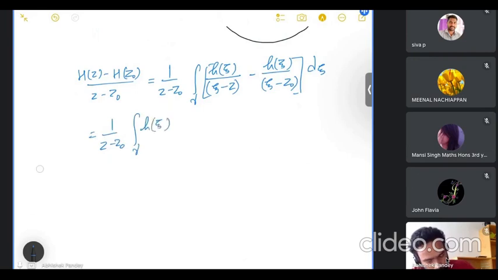You can take h of xi common out, so 1 upon xi minus z minus 1 upon xi minus z naught.